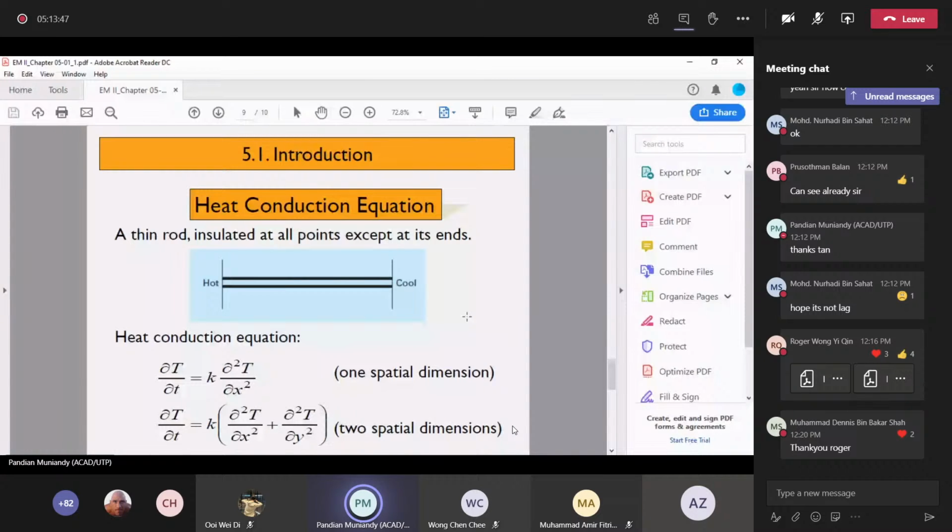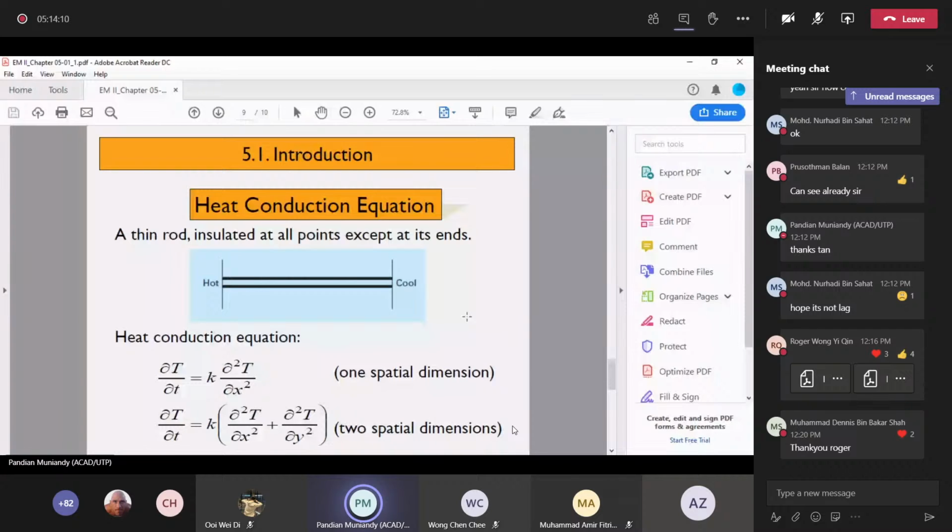For this, you are shown an example: a thin rod insulated at all points in between, except at its ends. One end, the left-hand side, is hot and the right-hand side is cool. There are two types of heat conduction equation.